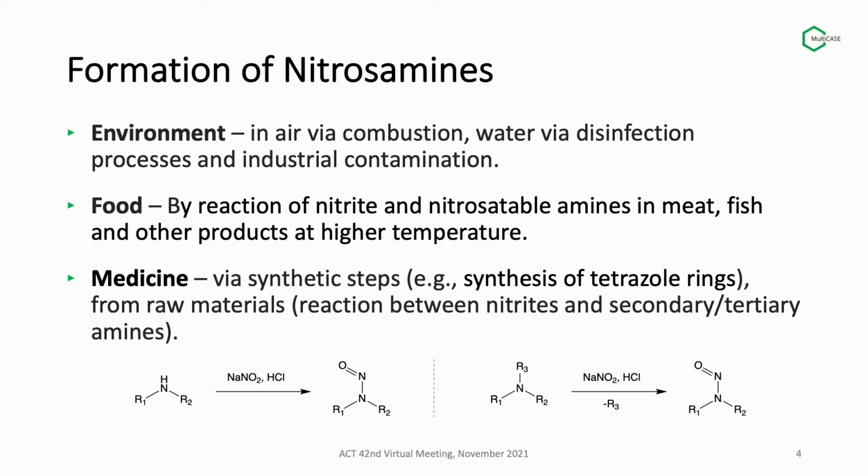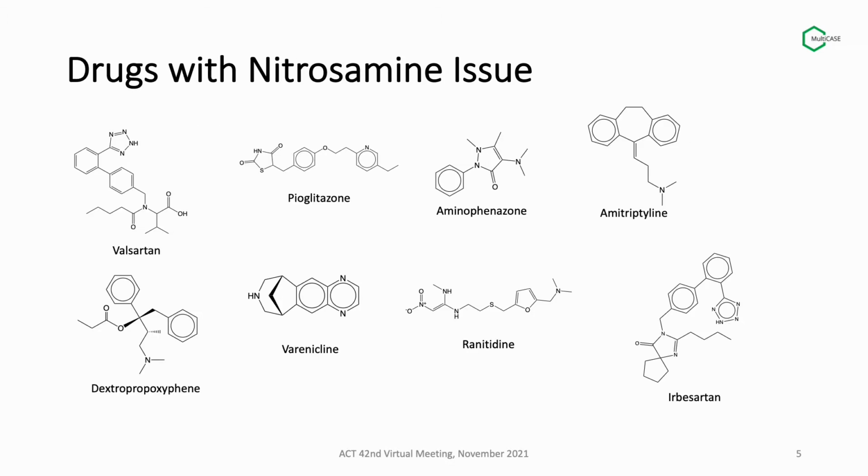In medicine, they can form in the synthetic processes, for example in the synthesis of tetrazole rings, or they can form from the raw materials by the reaction between nitrites and secondary or tertiary amines at acidic conditions. In this slide I have shown a few examples of drugs that were found to contain nitrosamines as impurities and were recalled.